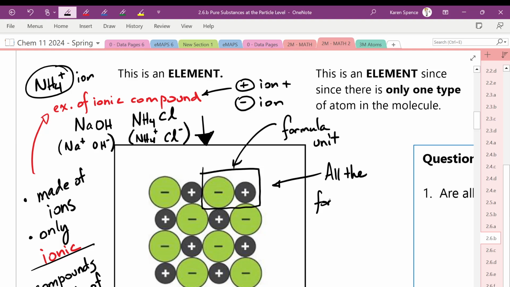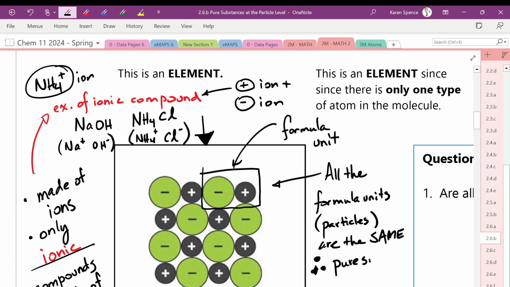If it's NH4Cl, all the positive ones are NH4, all the negative ones are Cl. All the formula units, which are the particles, are the same. Therefore, this is a pure substance.